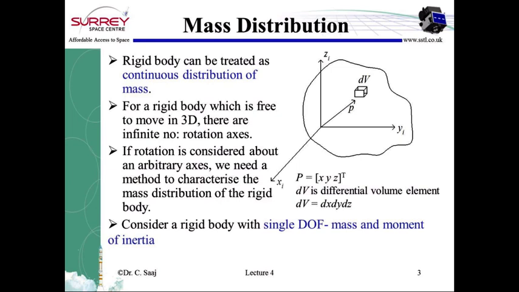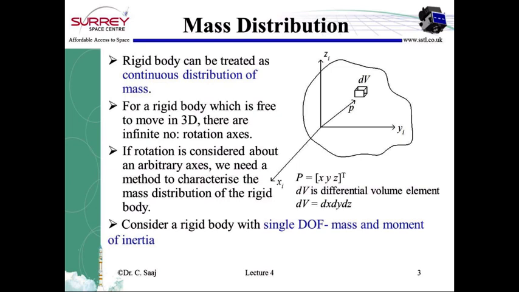Now, if we consider the rotation of this body with respect to an arbitrary axis, we need to develop a method that can be used to characterize the mass distribution of this rigid body. And this is what we are going to do in the next few minutes.